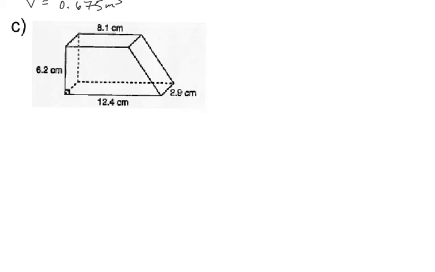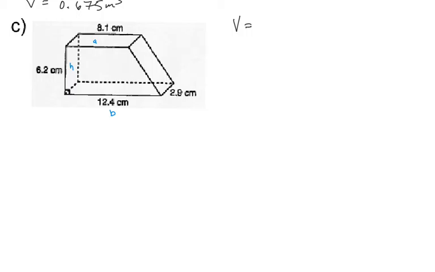So the volume of this shape is going to be, we look for the repeated side. So the repeated side is going to be the trapezoid. I'm going to label this part a of my trapezoid, and this part b of my trapezoid, and this is going to be the h of my trapezoid.